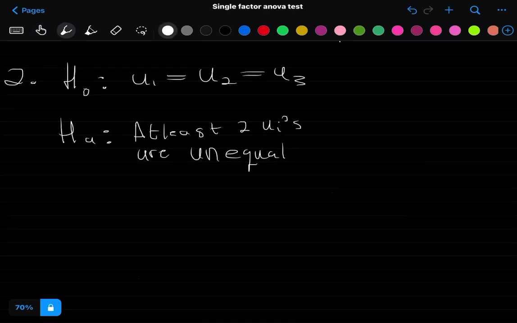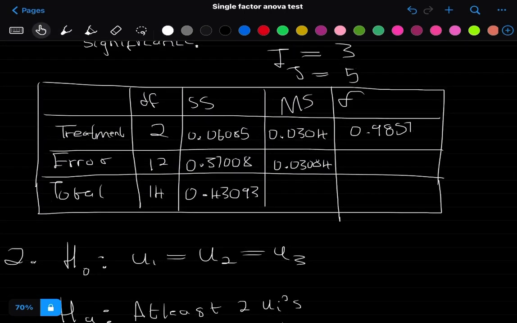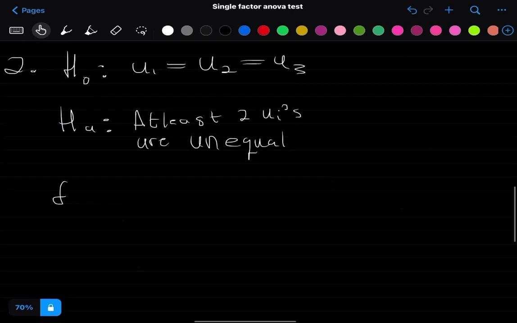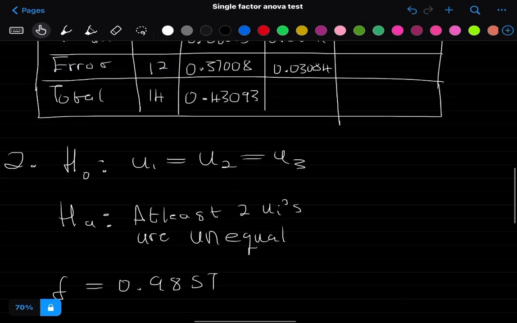Now, our test statistic, we found it from the table. It is 0.9857. Now, what we need to find right now is the critical value.